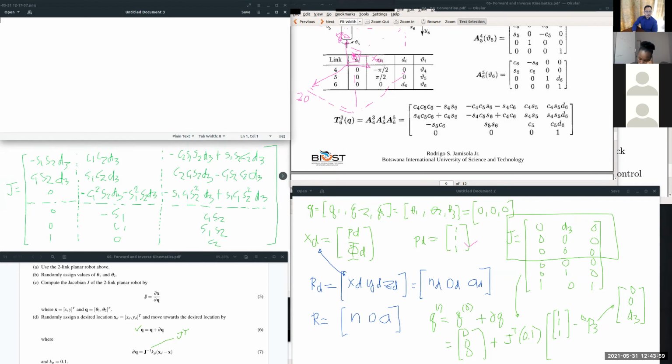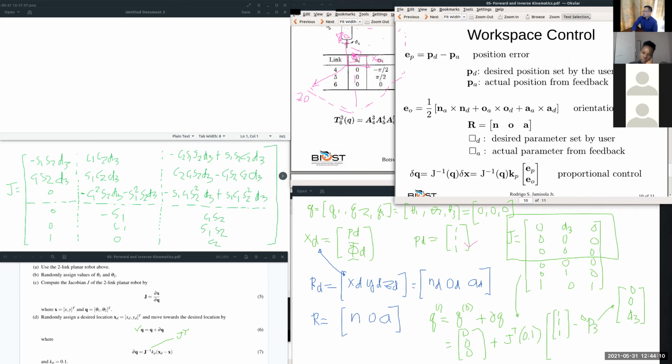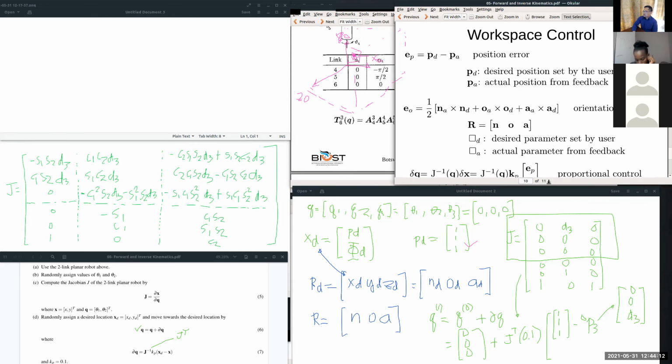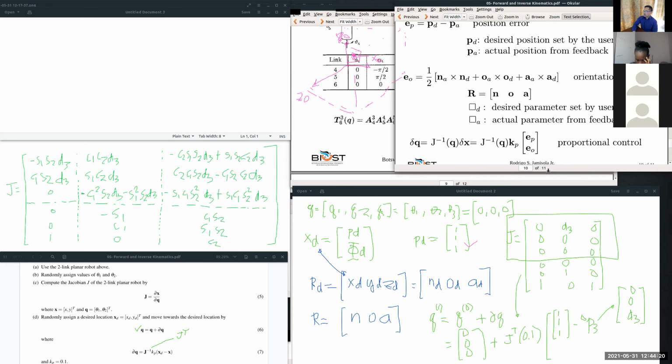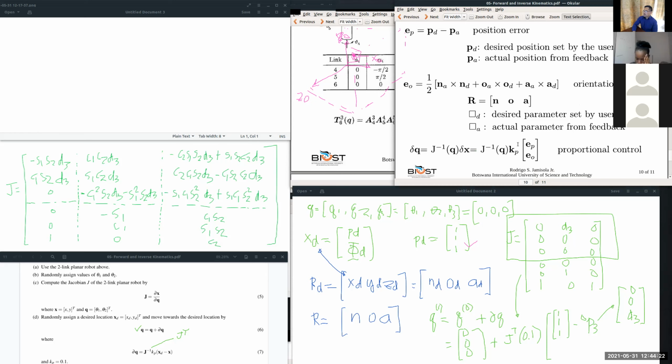So the position error, let me just write it again so that it will be clear for you. The error in the position minus, this is the one that we are trying to compute. The error in the position and the error in the orientation.